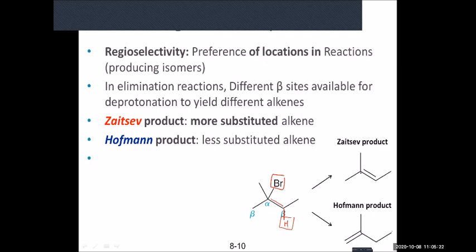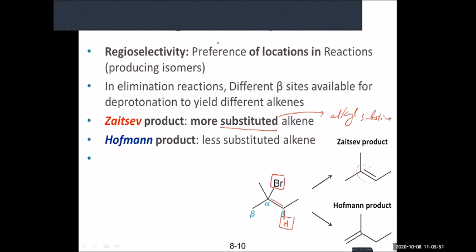The alkene double bond has more alkyl groups. Substituted means the more alkyl as substituent. And so most reactions follow this pattern. It seems that they always do that, always form this double bond by losing this hydrogen.